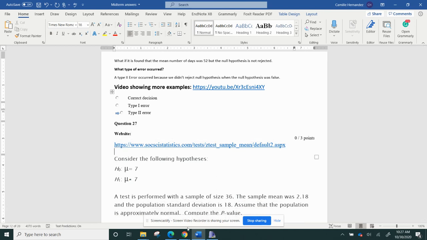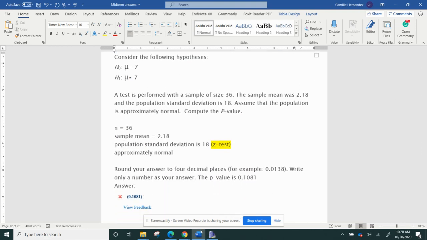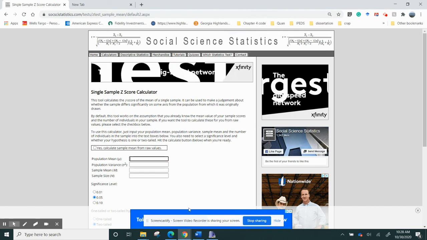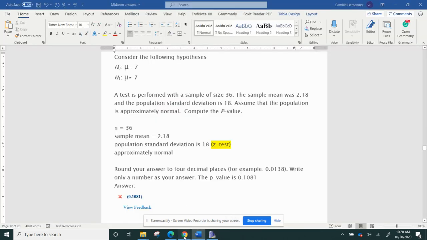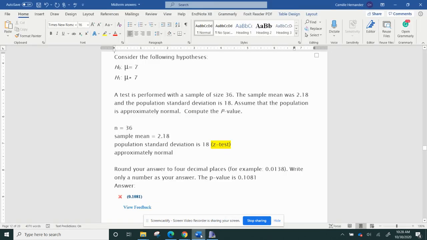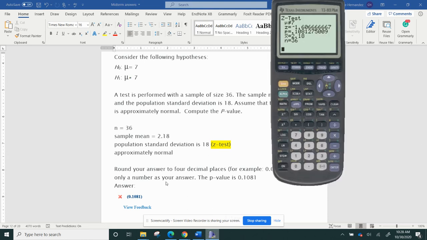All right. So let me show you the website. I'm going to use all the stuff again. So let me go to the website. The population mean, remember, was 7. Okay, so it wants the population variance. The population variance is the population standard deviation squared. So I do 18, and I'm going to square it.